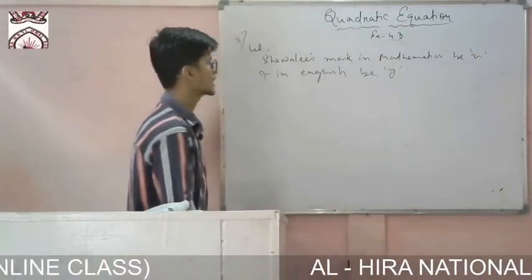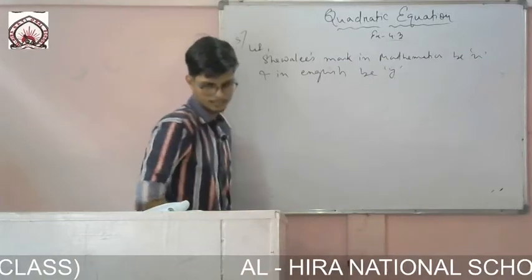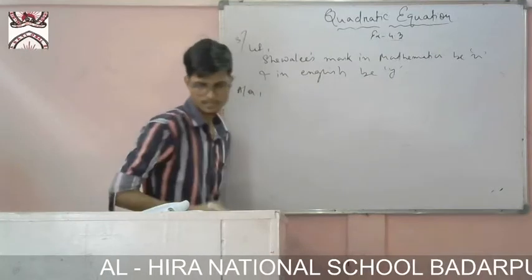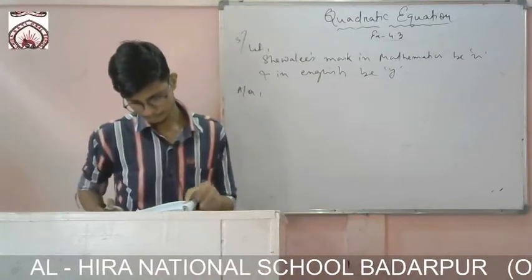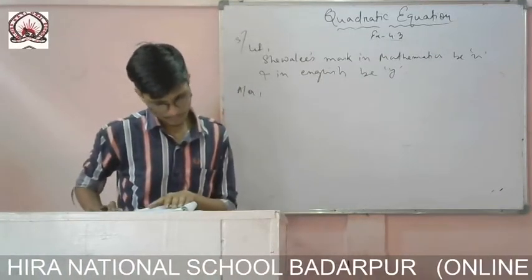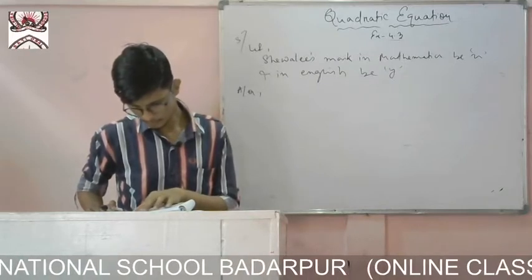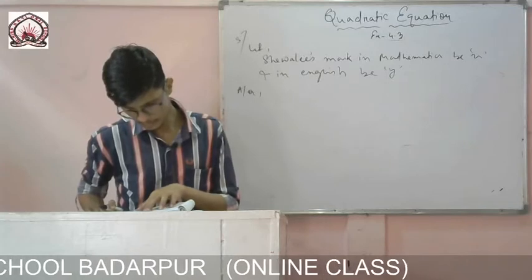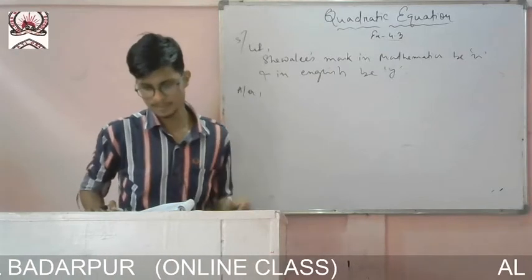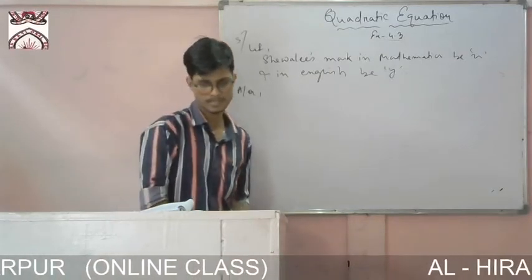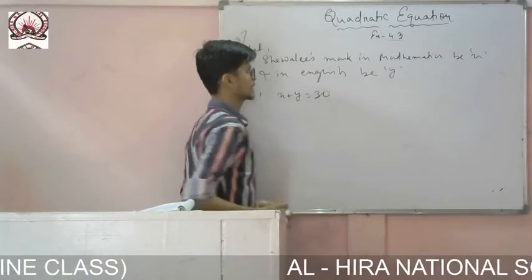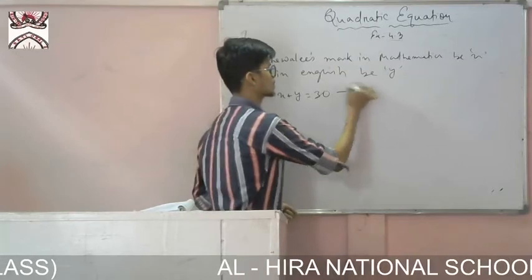In mathematics we are taking x and in English we are taking y. So according to the question, the sum of marks in English and mathematics is given as 30. That means I can write x plus y equals 30. It will be our equation number 1.